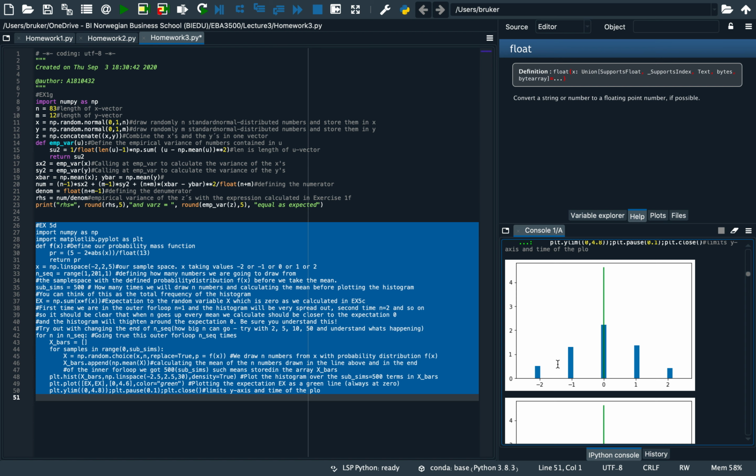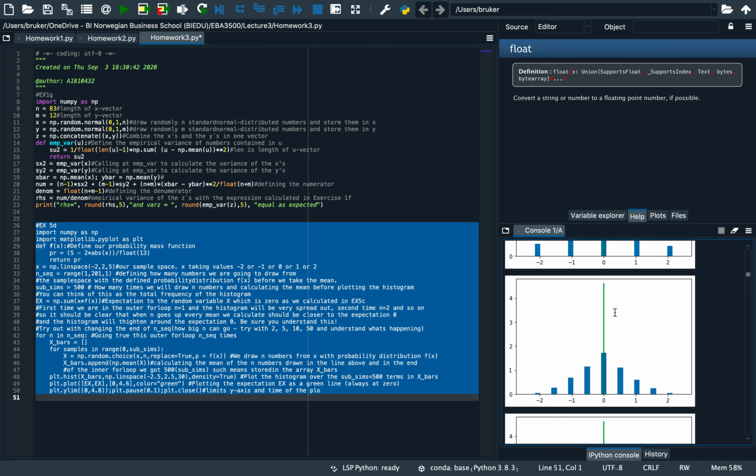And since we just draw one number 500 times, we will get some -2, some -1, some 0, some 1, and some 2's. And if everything is perfect, 1/13 should be -2, 3/13 should be -1, 5/13 should be 0, and so on.